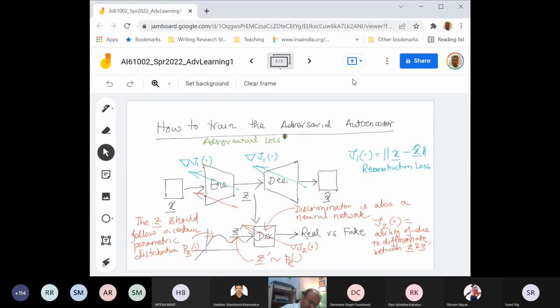The adversarial loss, J adversarial, can be written as 1 minus J2.